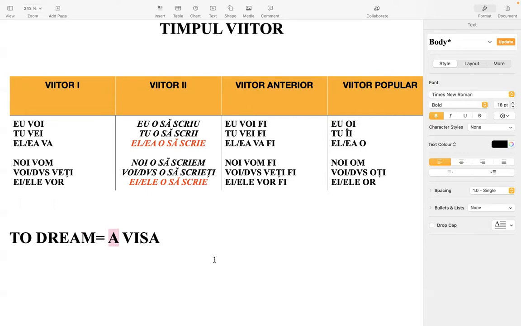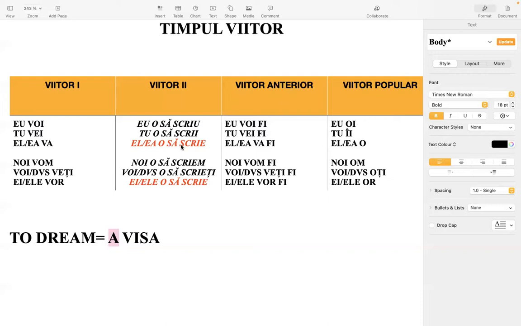In the present tense, we have eu scriu, tu scrii, el ea scrie. But here it goes: noi scriem, voi scrieți, ei ele scriu. You see? In the present, the third person plural is the same as the first person singular. However, in the viitor doi, using the "will", the third person is all the time the same.